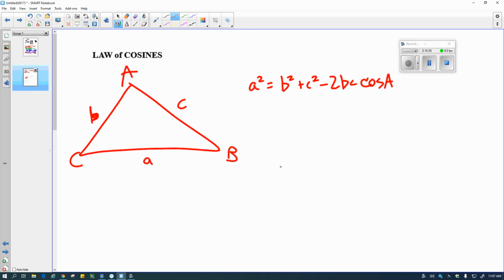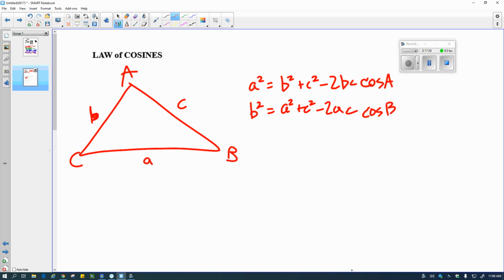And so I could set this up with B squared as well, but then I'm going to have the cosine of B on the end. Does that kind of make sense? If it were H, it would have to be H squared, and its angle would be the cosine thing. So they're going to be furthest apart. And then as far as whatever sides are left, the order that you put those in doesn't really matter. So I could do A squared plus C squared minus 2AC, or I could do C squared plus A squared minus 2CA.